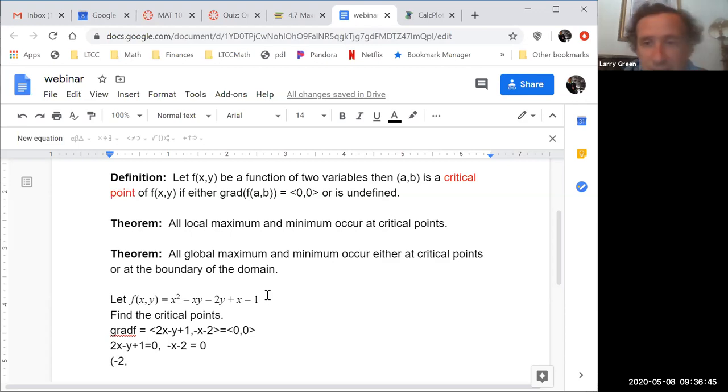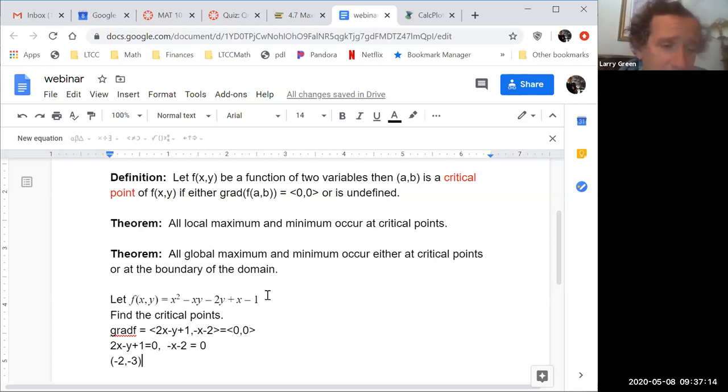Yeah, good. So we have 2 times negative 2 minus y plus 1 equals 0. 2 times negative 2 is negative 4. Negative 4 plus 1 is negative 3. So negative 3 minus y equals 0, so y equals negative 3. Any questions on that?